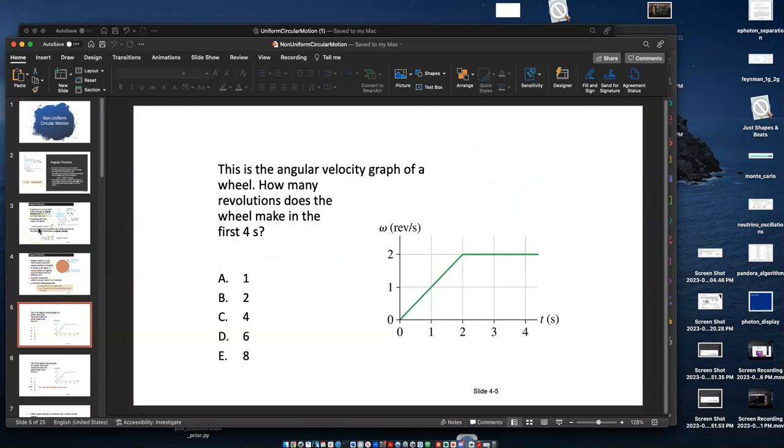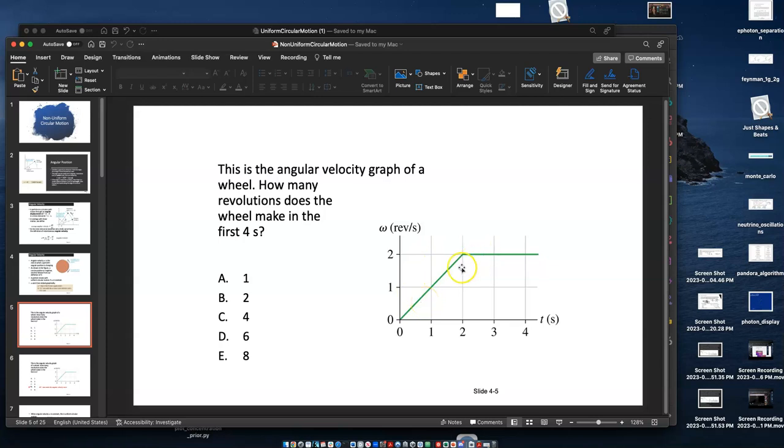So then, how many revolutions does the wheel make in the first 4 seconds? We could turn this into a formula. So we have a slope of 1 revolution per second, integrate that over 2 seconds, but we don't really have to. We can count squares.